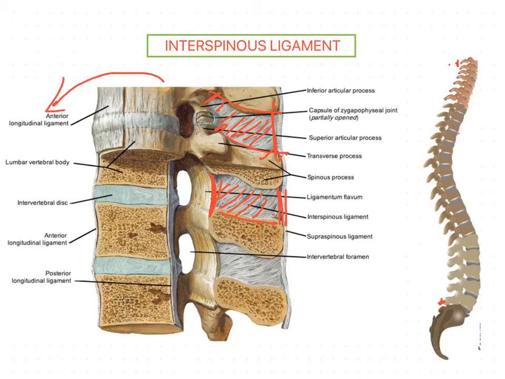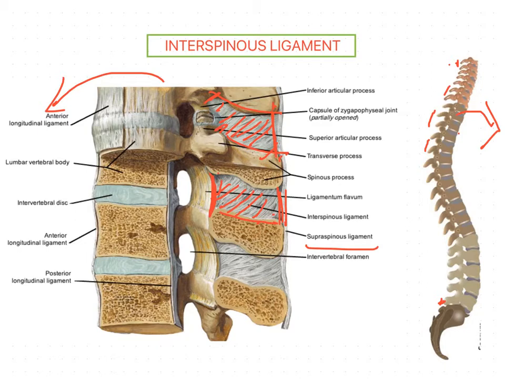The fibers are going to stretch. The interspinous ligament fibers stretch along with the supraspinous ligament, which means this ligament also limits forward flexion.